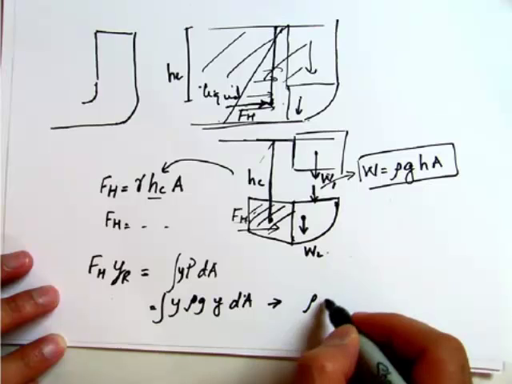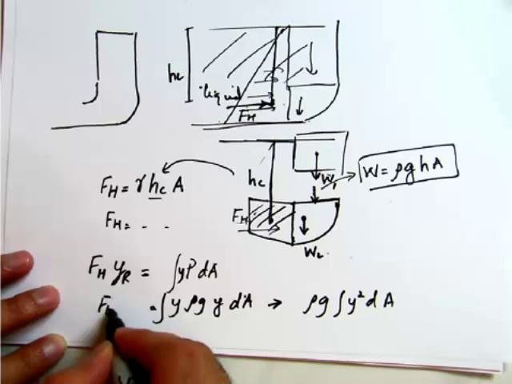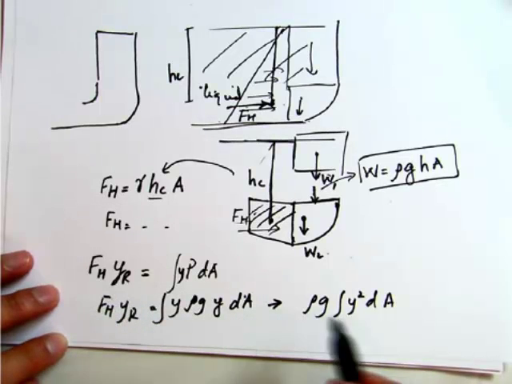So this implies that the integral of rho g y squared dA is equal to F of H times y of R, and this is the second moment of area.